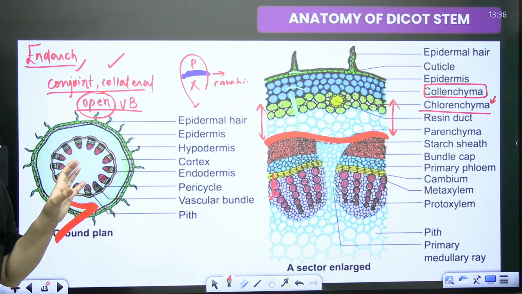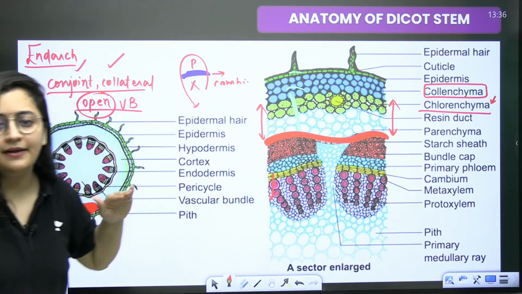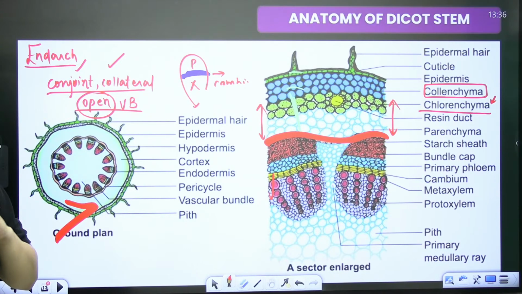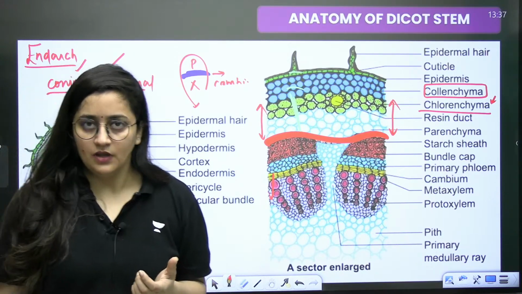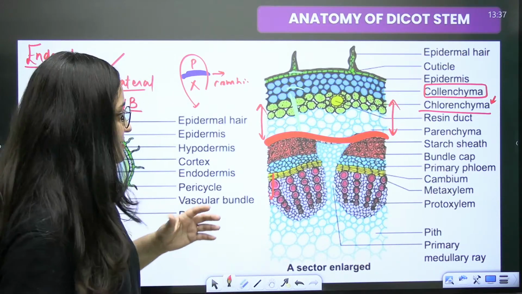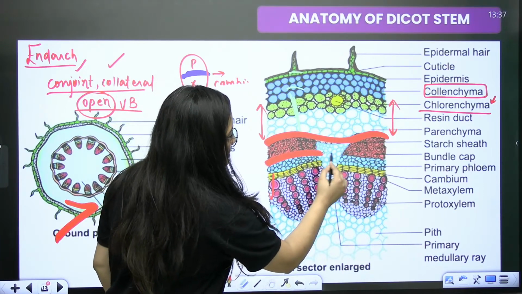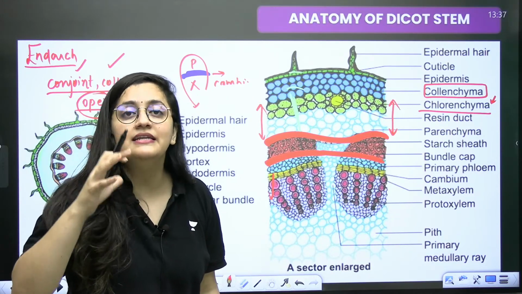The pericycle is present below the endodermis, and it is made up of what type of cells, bache? You can see it is made up of sclerenchymatous cells. In some plants, this pericycle is multi-layered.